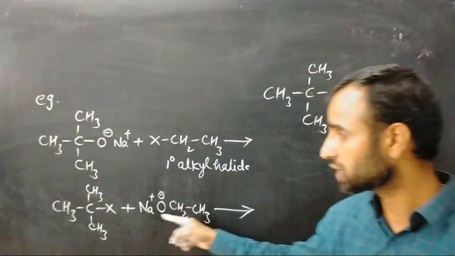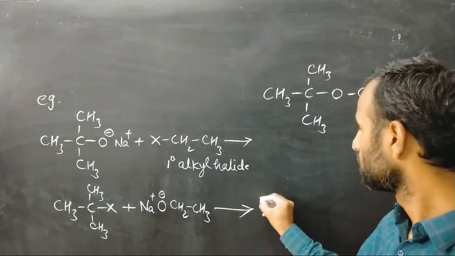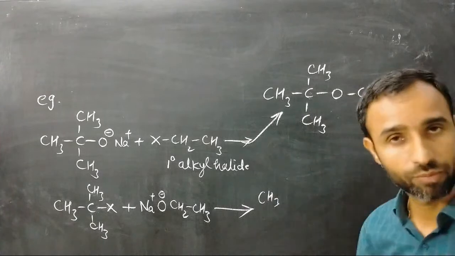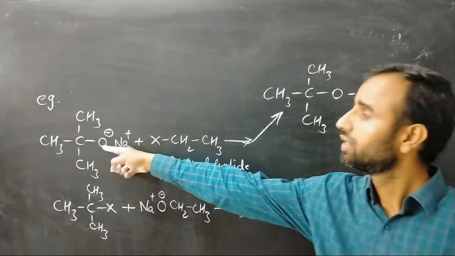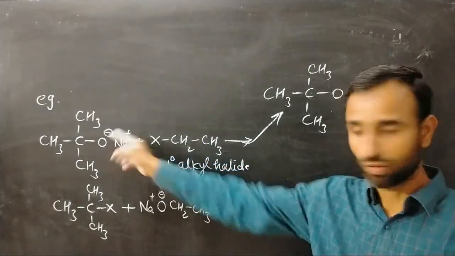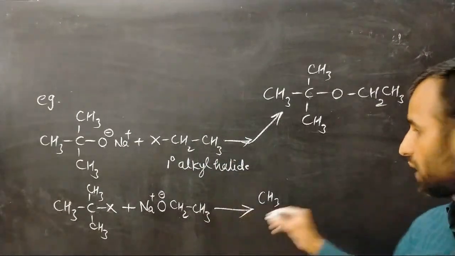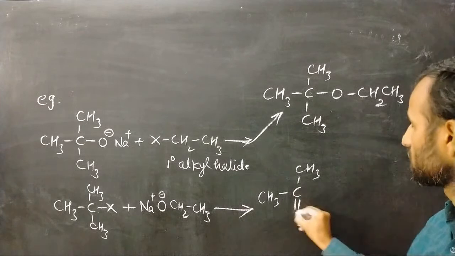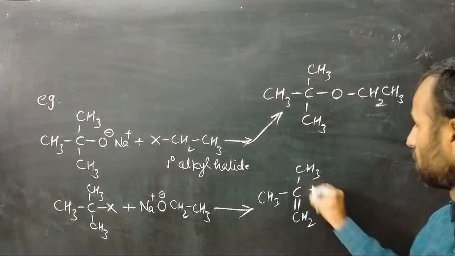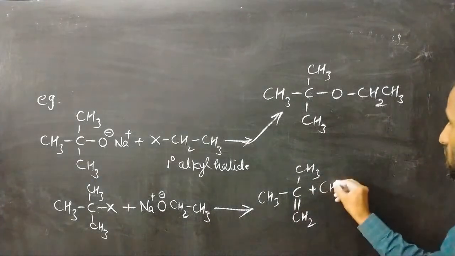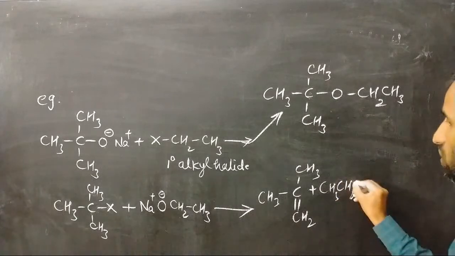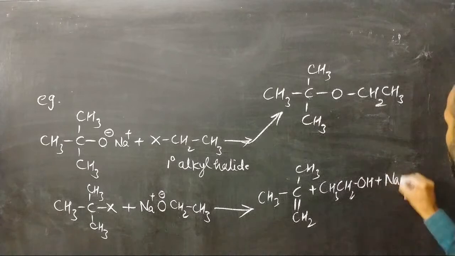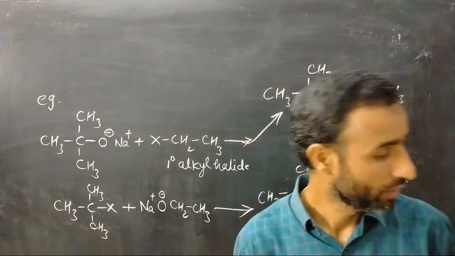In the first case it acts as a nucleophile and we get this product, but in this case the major product formed is the alkene along with CH3CH2OH and NaX.